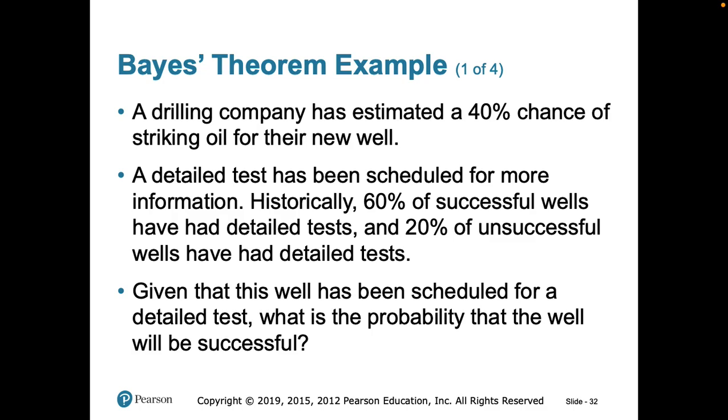You do some more research and find that historically 60% of successful wells have had the detailed test, and 20% of unsuccessful wells have also had the detailed test. So all of a sudden you have more information. Given that this well has been scheduled for a detailed test, what is the probability that the well will be successful? You're trying to figure out the chances that this well is going to be successful.